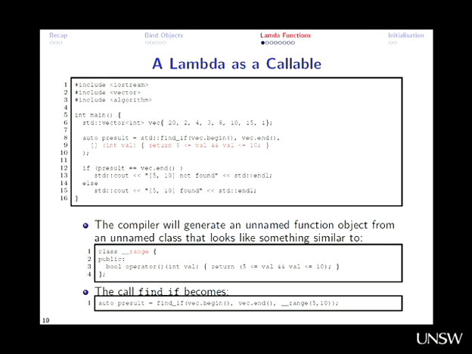And so when this syntax gets seen, the compiler generates an unnamed function object that looks something similar to that. It expands that all out into a function object. Okay? But you don't have to care about that. All you need to care about is the syntax of the Lambda function. And the next couple of slides will go through what you can do with Lambda functions and why they're so powerful.